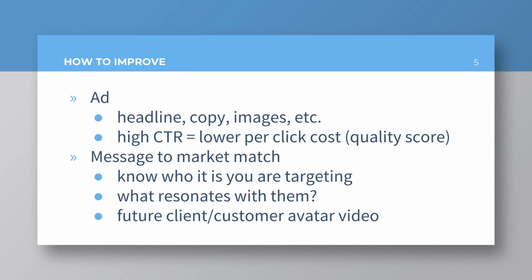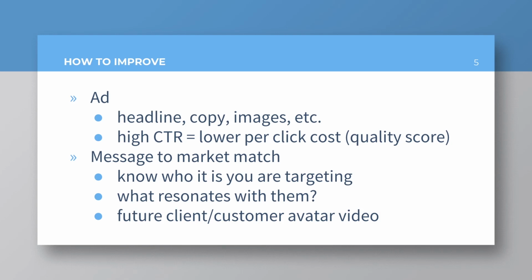These are all indicators that these platforms use to know that if they show your ad more, people will engage with it more, and their experience on the advertising platform will be enhanced, and therefore they reward you by giving you a lower cost per click.